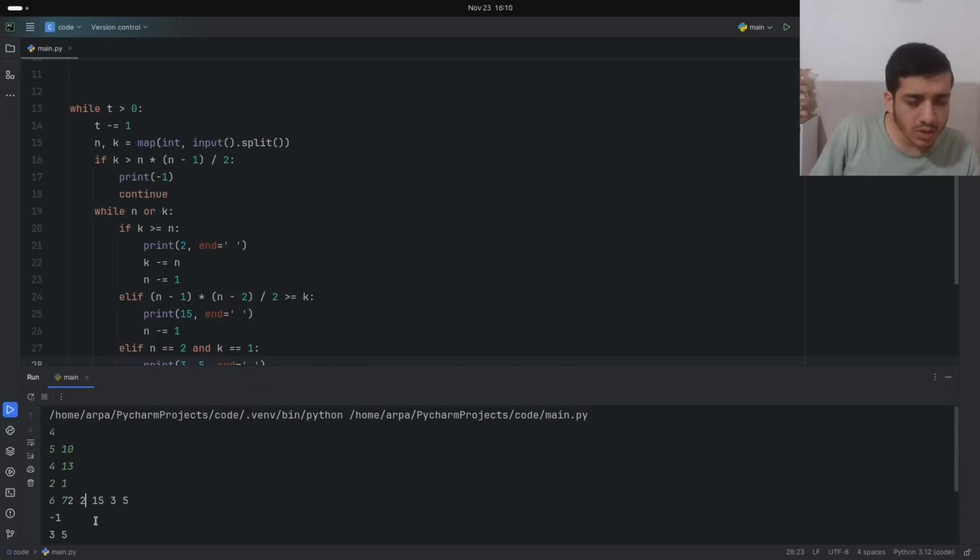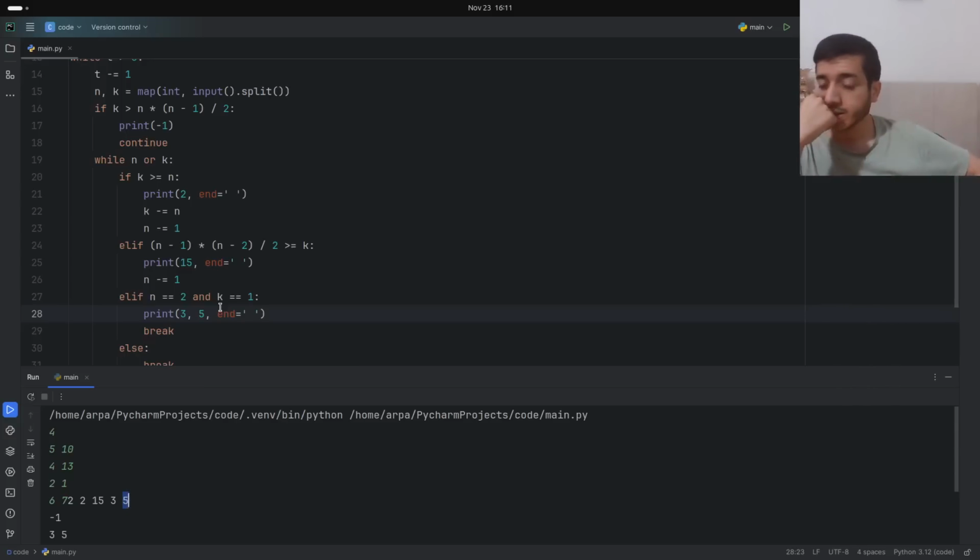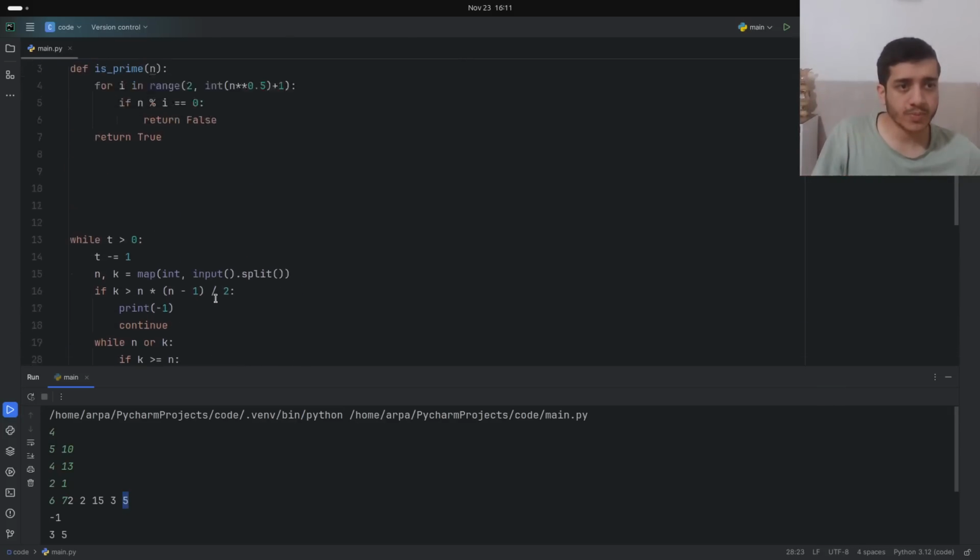Is this 10? Like 2 plus, no, for sure it's not. So it's 2 plus 2 plus, there is an issue. Okay, I can do that.